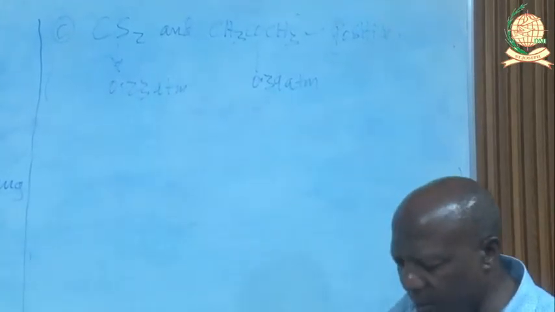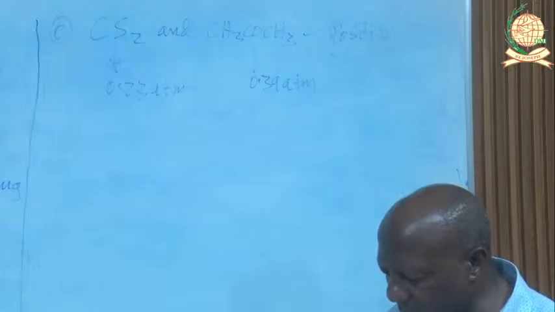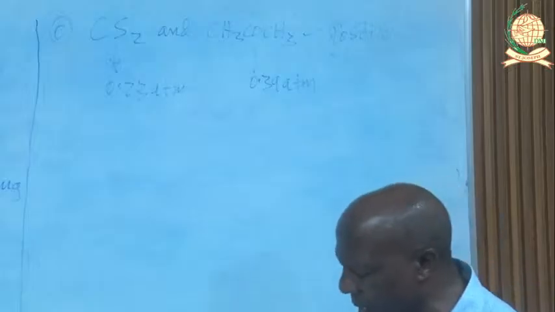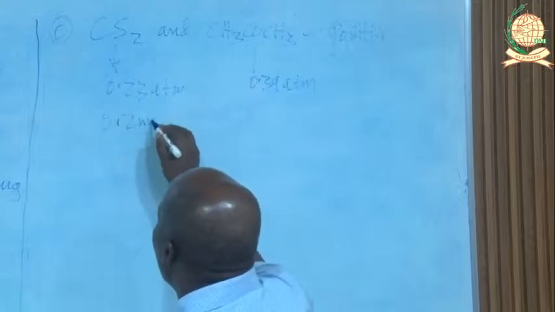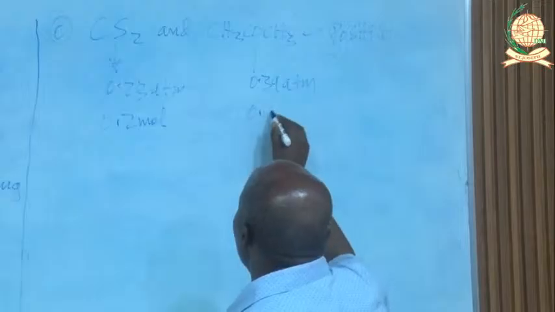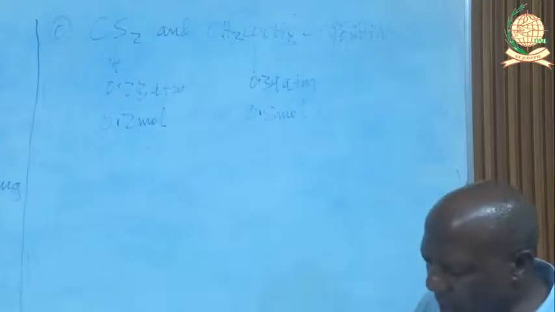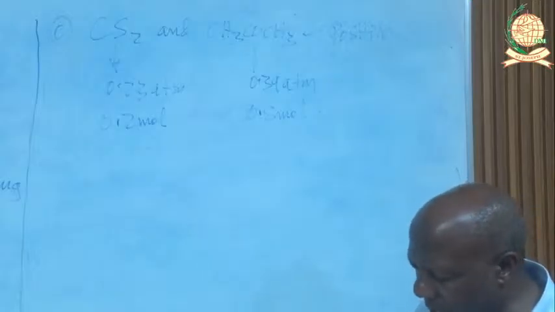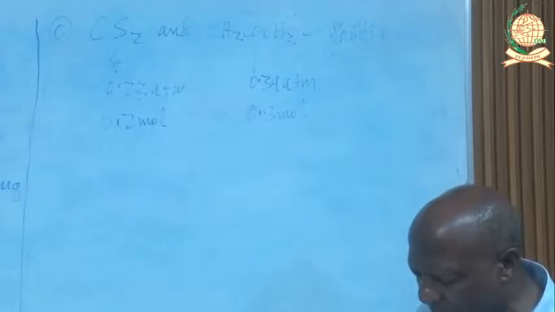Now, at 298 Kelvin, a mixture of 0.2 mole carbon disulfide and 0.8 mole acetone was made. What will be the vapor pressure of the mixture if it were ideal? How will this value compare with the true vapor pressure?